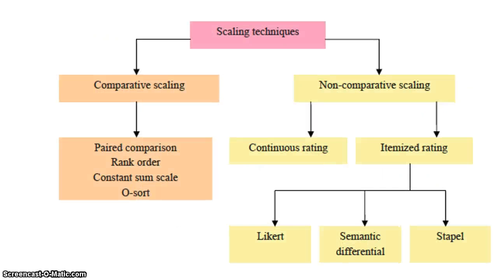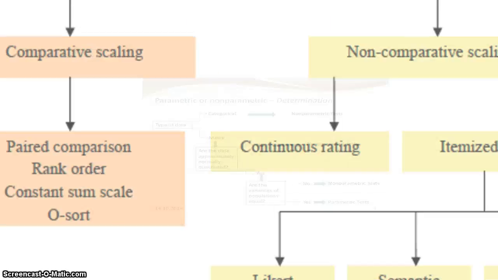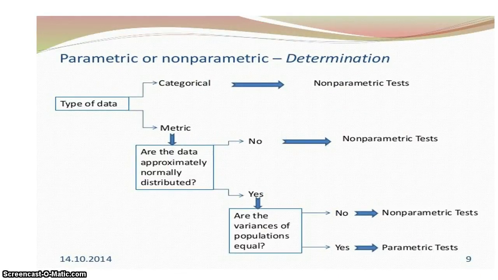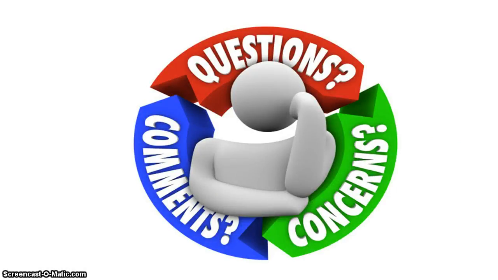Scaling techniques: comparative scaling, non-comparative scaling, paired comparison, rank order, constant sum scale or sort. Non-comparative scaling: continuous rating, itemized rating, Likert, semantic differential, and staple. Again, you can see the data, and that's all.